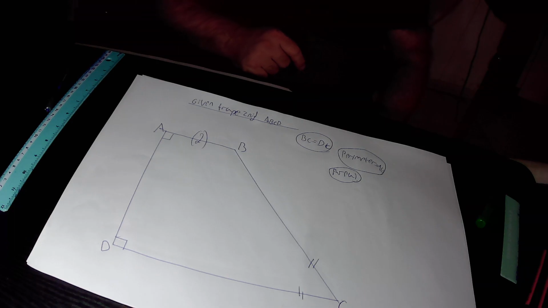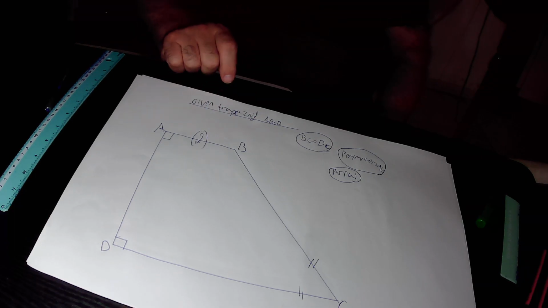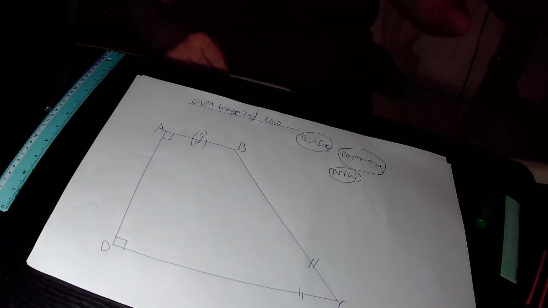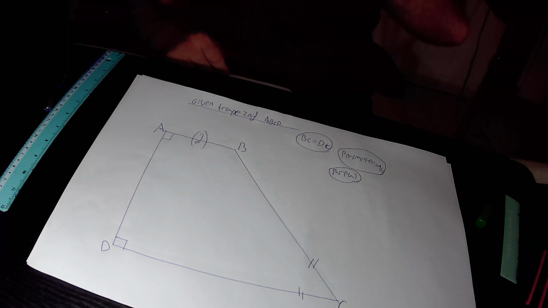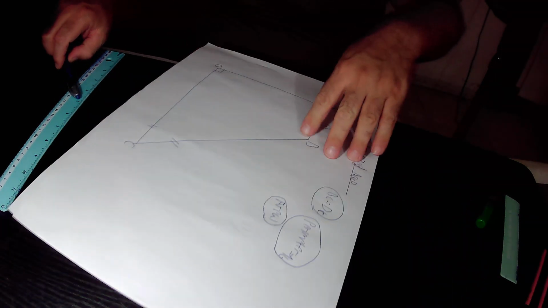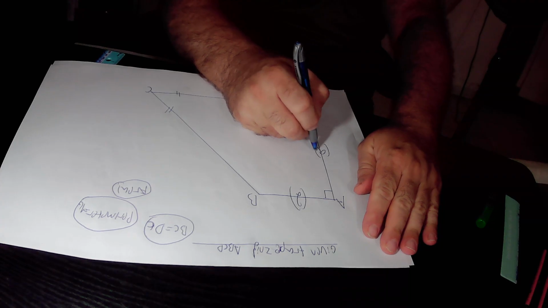We also know that the length of side AB is 2 units. Those two angles are right angles. And we also know that side DC equals side CB. Okay, so we define the length of side AD as A. That is to say, side AD equals A units in its length according to our definition.